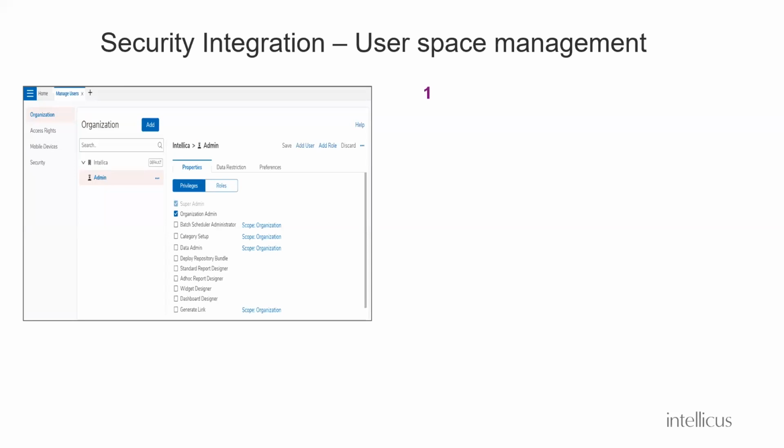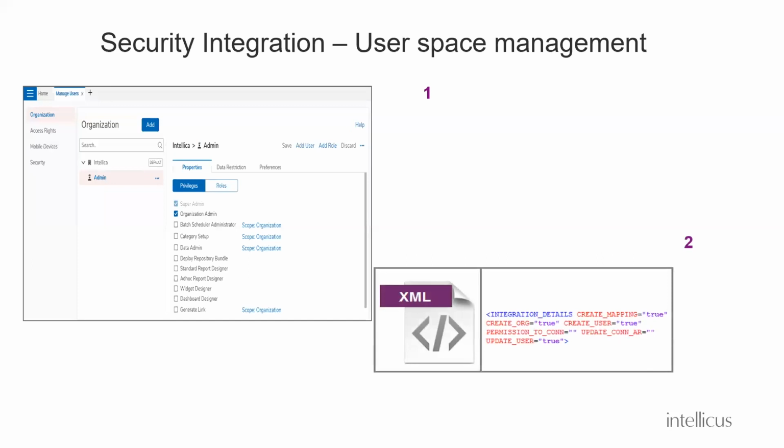Hence enters integration.xml. Users can be synchronized in Intellicus on the fly by one-time configuration activity performed in this file. Users can be created and mapped, assigned system privileges and access rights by making certain changes in integration.xml file.